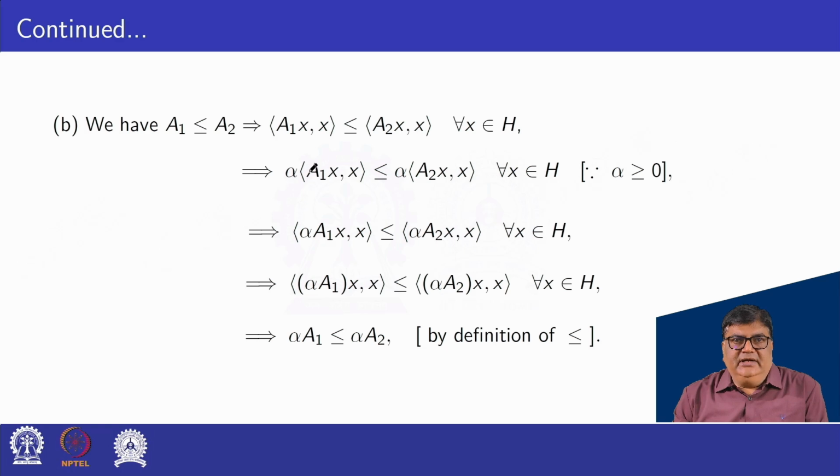So this implies alpha times the inner product of A1x and x is less or equal to alpha times the inner product of A2x and x. As per the linearity property of inner product, this can be written as the inner product of alpha A1x and x less or equal to the inner product of alpha A2x and x.